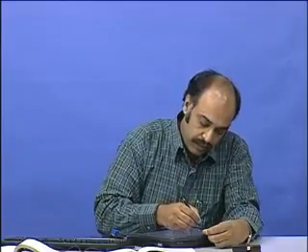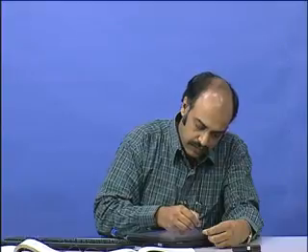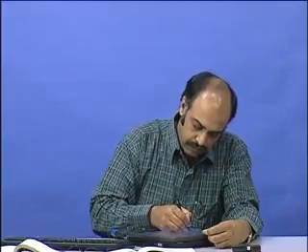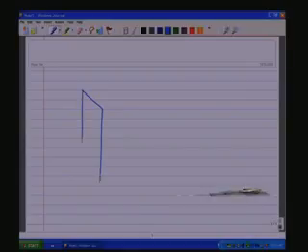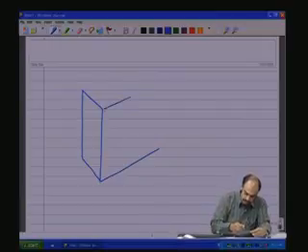There is one more type of loss in the core called the eddy current losses. The eddy current losses occur by virtue of Ampere's circuital law that we had discussed, and we saw that if we have a transformer core, let me draw an isometric 3-dimensional view of the transformer core.